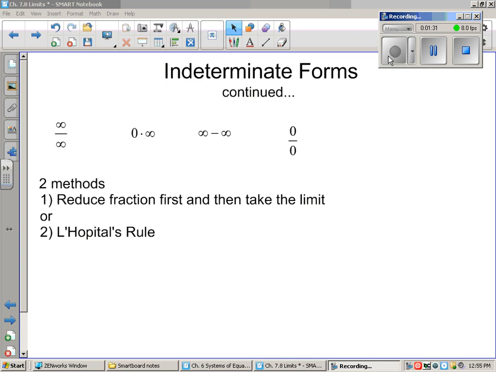And so the method that you're going to primarily use is to reduce the fraction first and then take the limit. But you'll find as we approach some of these other questions, there will be times where you cannot simplify it. It's not like something was in common, and so there needs to be another approach. And L'Hopital discovered a neat thing, and so we'll be looking at that in a further video.